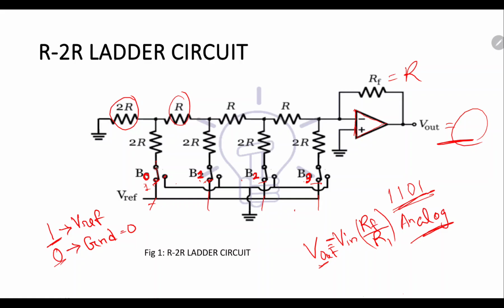If it is 0, then it will be connected to this ground terminal. This is the common ground terminal, and here one common reference voltage is given. So I think this much is clear to you all. So here we are applying the digital data which we want to convert to analog, and depending on the 1 or 0 value, the switch will operate to the V reference or to the ground point.